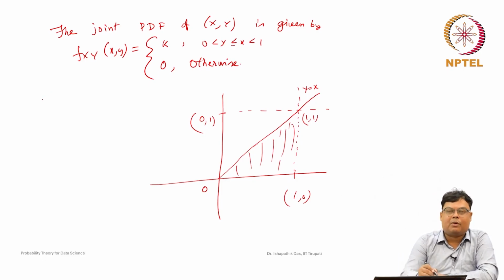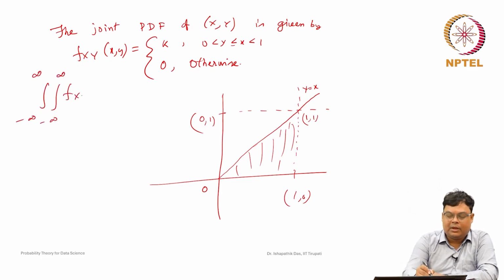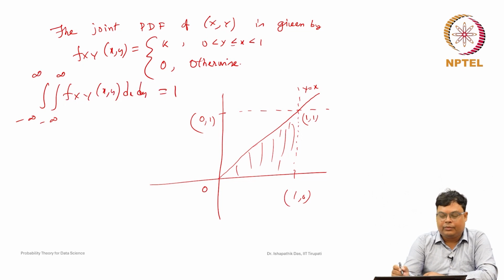By the properties of the density function, the integration from minus infinity to plus infinity of f(x, y) dx dy should be equal to 1. Now, this function is non-zero only if y is less than or equal to x, which is less than 1. So y can go from a minimum of 0 up to x.